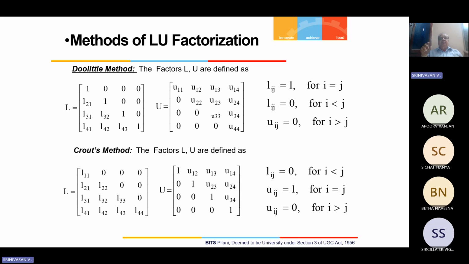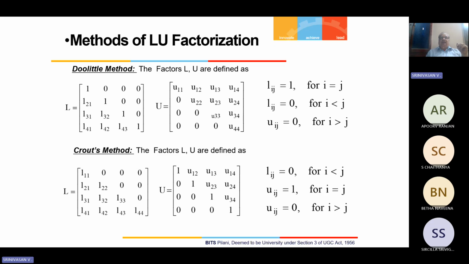That way you remember. But when it comes to decomposition of the given matrix into the factors L and U, by Doolittle's method, the principal diagonal elements of L will be 1 each and U is U only. And in Crout's method, it's the other way around. The principal diagonal elements of U will be 1 each, so you have 1, 1, 1, 1.